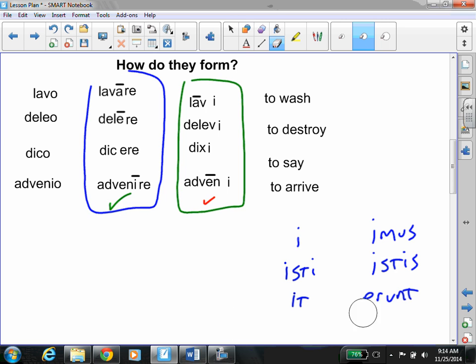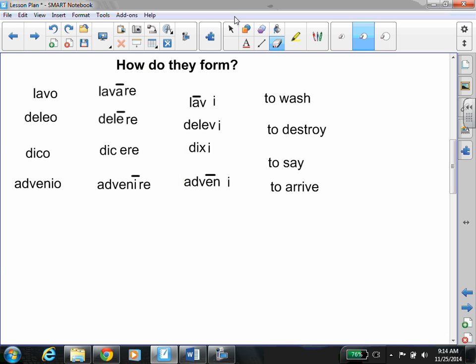All right, hopefully you now know how they are formed and where they come from. Now, if you'll notice, a couple of these have long marks right here and right here. That's how we tell the difference between the perfect and the present. Third person singular present form for lavo is lavat, right?